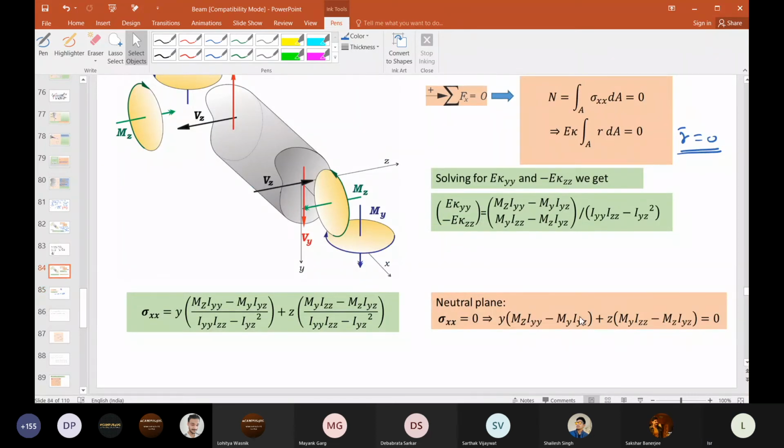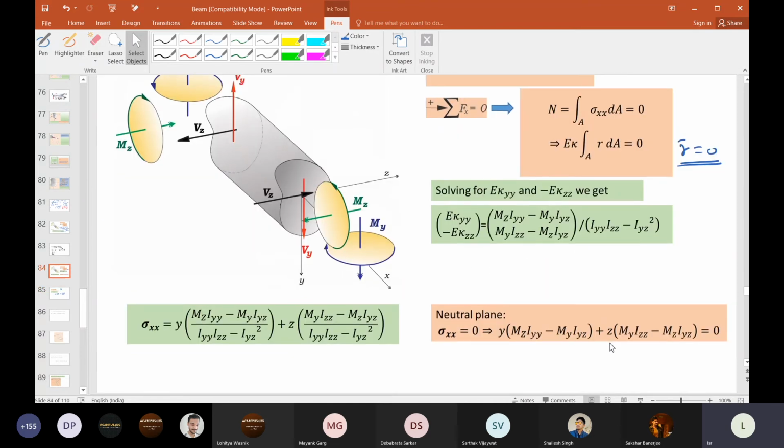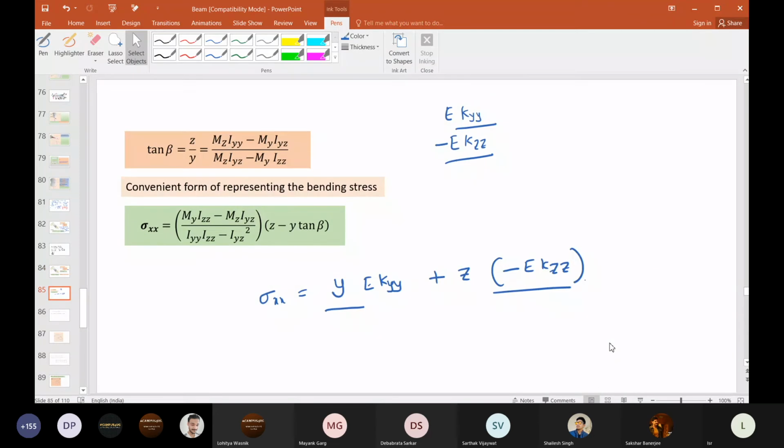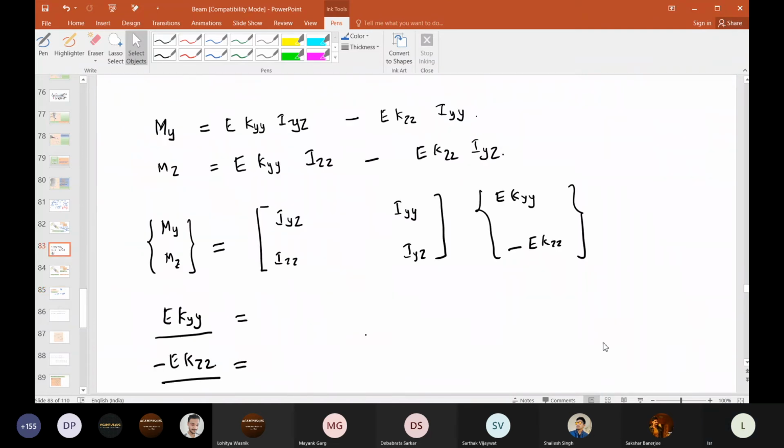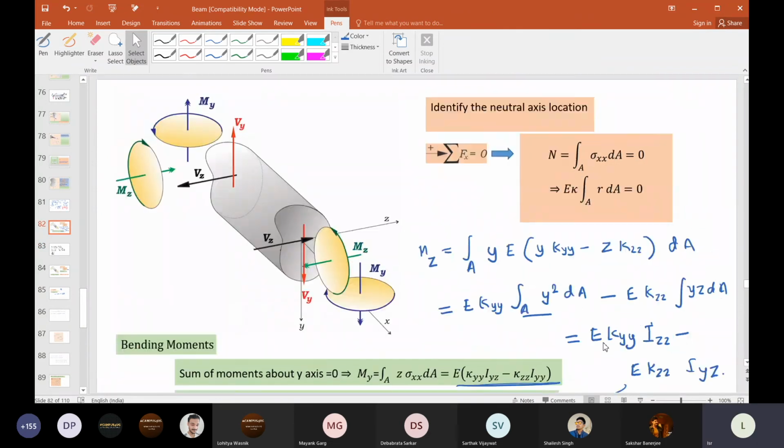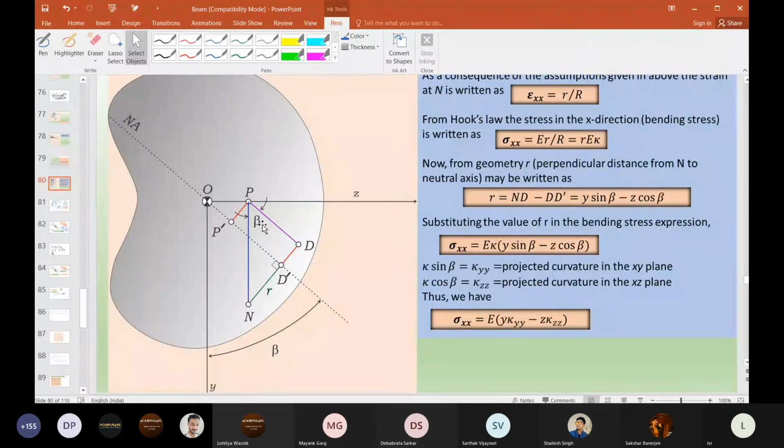Actually you don't have to do this. Here we have got a tan beta, then you will have at this point, let us say tan beta is equal to what?